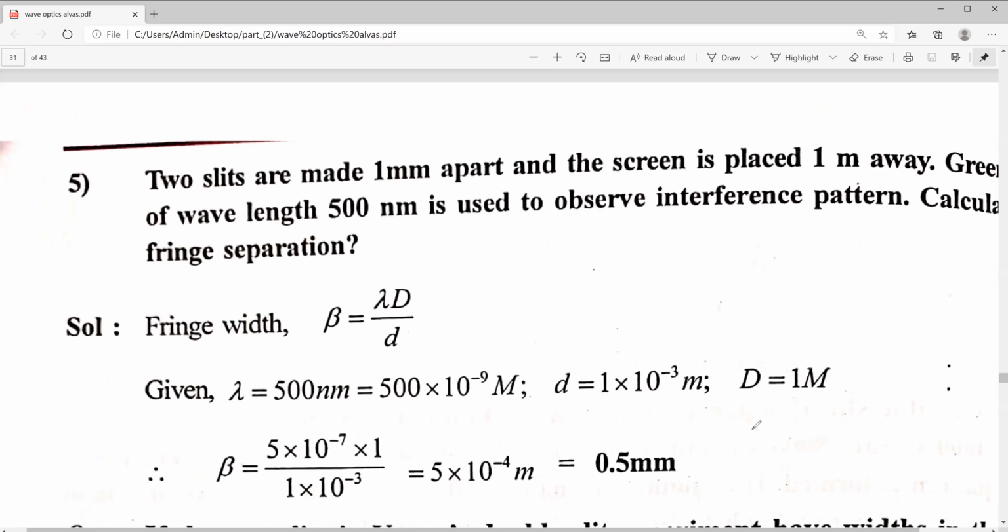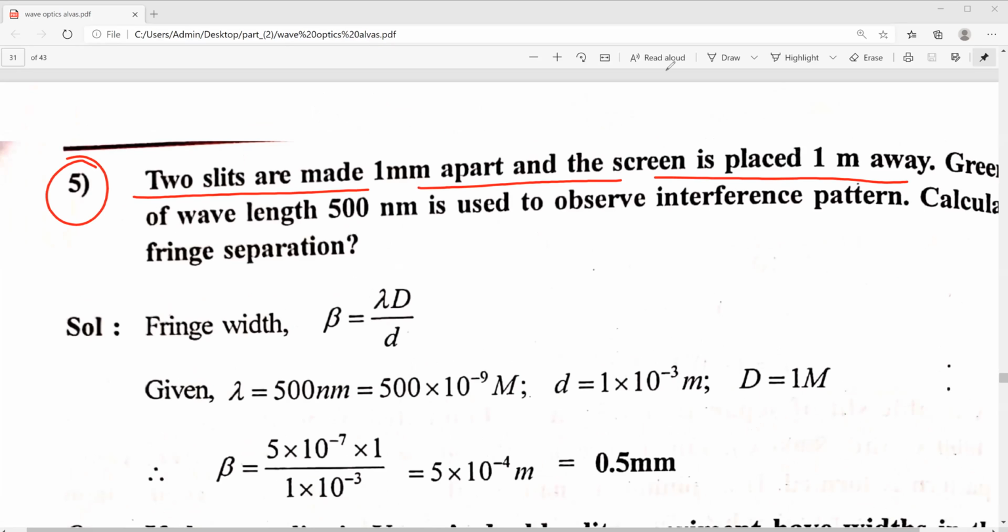In a Young's experiment, two slits are made 1 millimeter apart and the screen is placed 1 meter away. Green light of wavelength 500 nanometer is used to observe the interference pattern. Calculate the fringe separation.